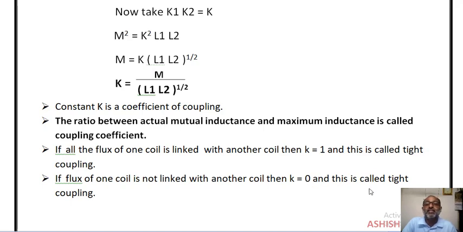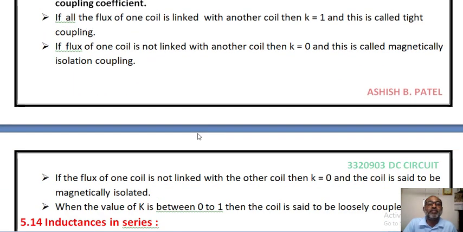In this case, it is called magnetically isolated coupling. Remember, there is no flux linked with the coil.